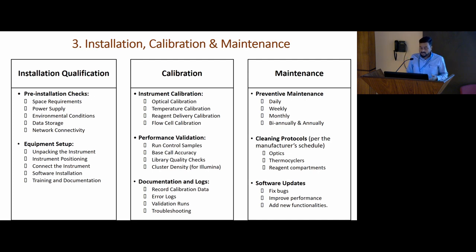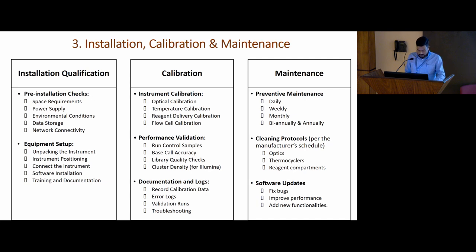This is applicable to the Illumina sequencer. Apart from that, documentation records are also required: calibration data, error logs, validation runs, and troubleshooting have to be documented and conveyed to the respective concerned person.